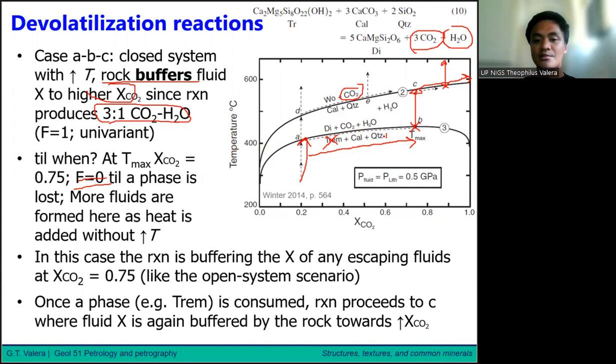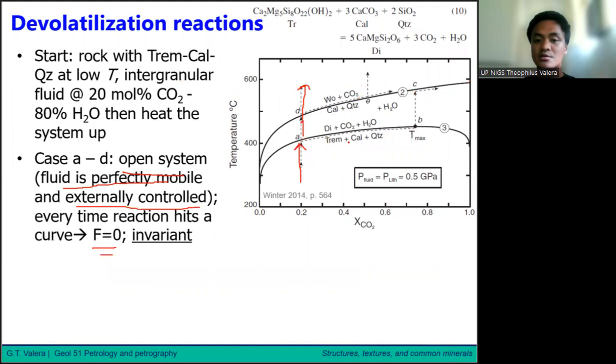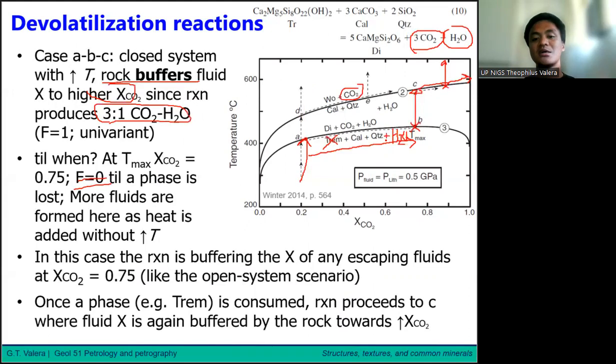So here you have water, since limited lang siya, hindi siya in excess, hindi siya completely mobile. So binibilang natin yung fluid phase natin sa reactant side so that you have your 4 phases as reactants and then 3 phases as product. You have F equals 1. Okay? I hope you understand kung bakit dito F equals 0, you have the same amounts of reactants and products. Dito you have 1 extra more reactant.